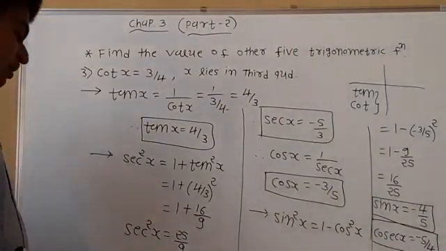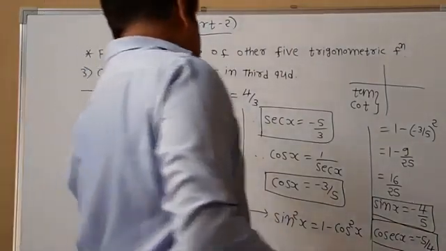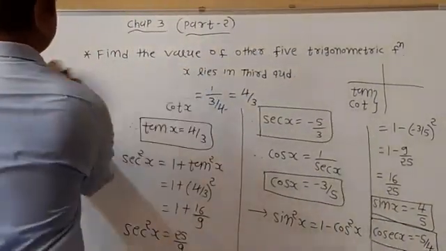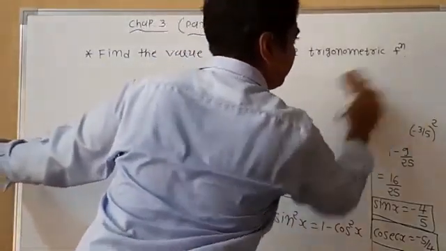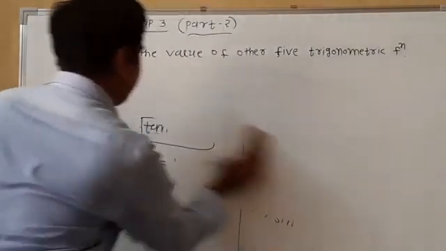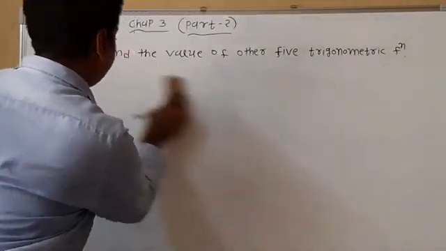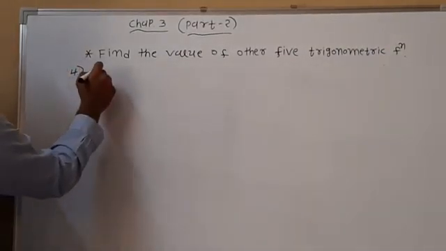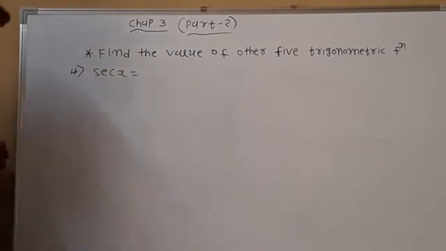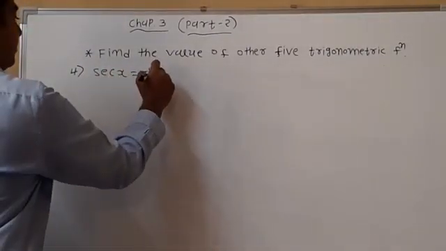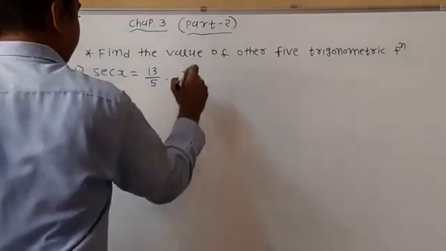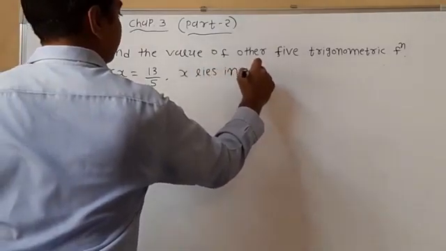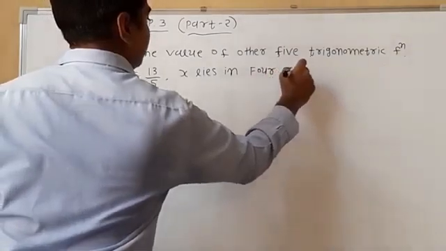Clear? Okay. Now take one more example. sec x is equal to 13 upon 5. x lies in the fourth quadrant.